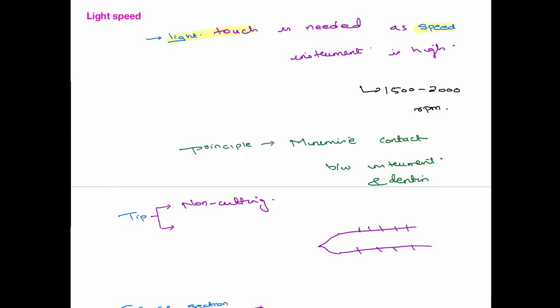So all the tips are non-cutting except in two cases: Contact LC and ProTaper finishing files. We'll come to that later. If I don't specifically mention it, it is non-cutting.